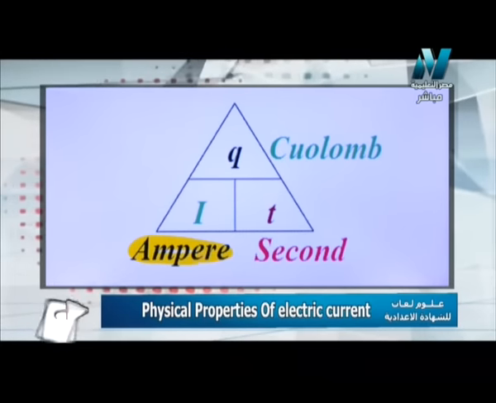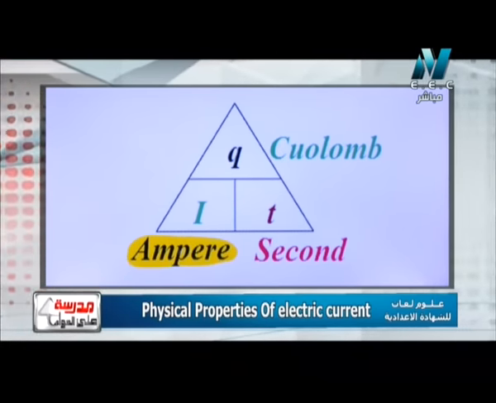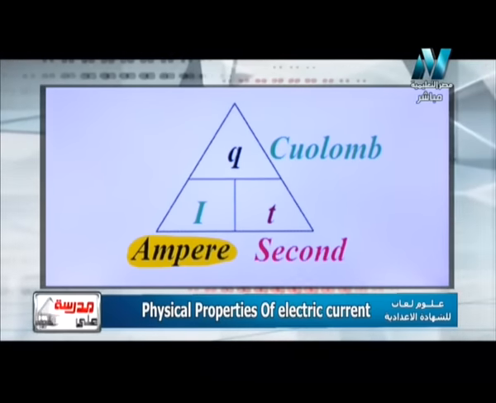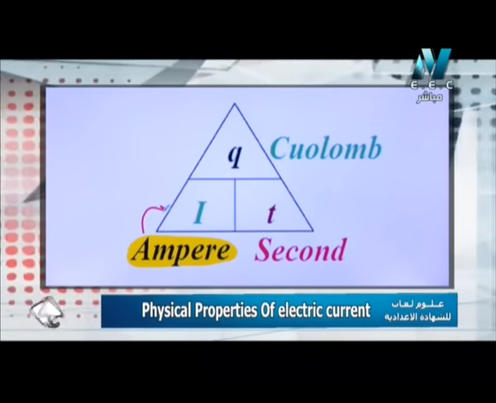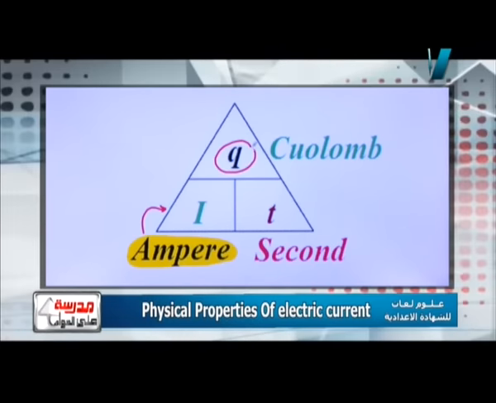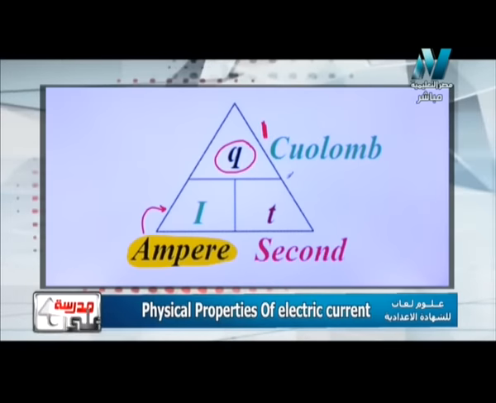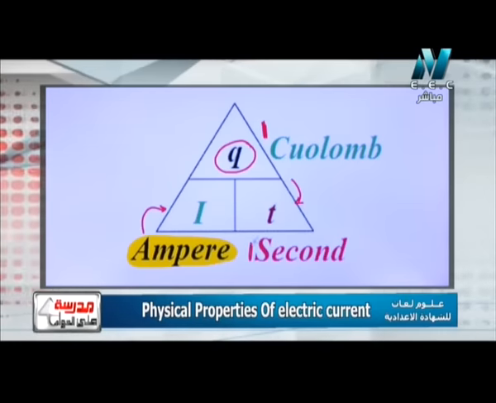Ampere is the measuring unit of the electric current intensity, but here we should define ampere from the magic triangle. I say: ampere is the electric current intensity when the quantity of charge equals 1 coulomb and passes through time equal to 1 second.